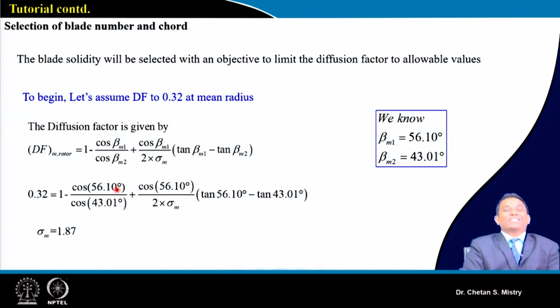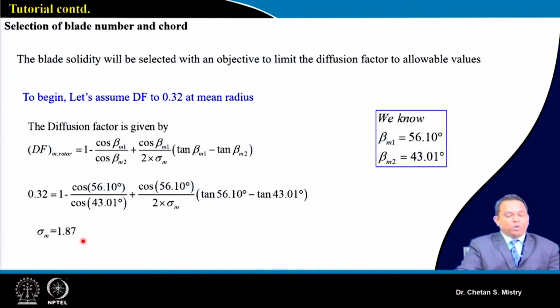Now here let's take a different approach, which will give you a different feeling. We are assuming our diffusion factor to be 0.32 at the mid station. Assuming this diffusion factor of 0.32 at the mid station will help us calculate our solidity.